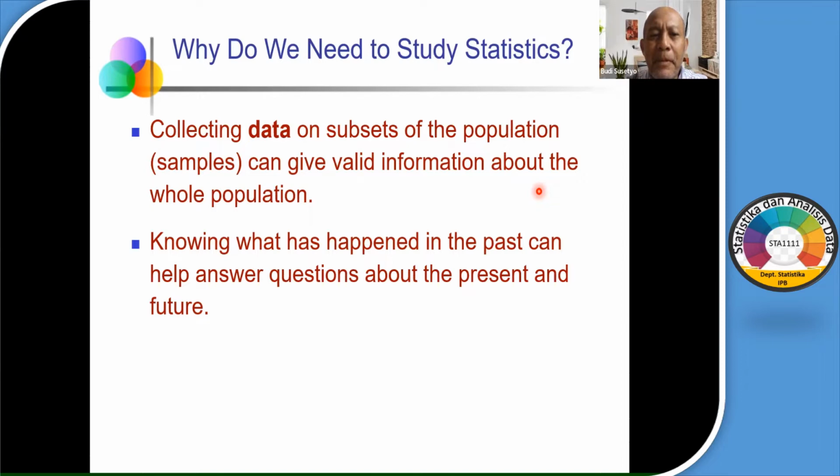Yeah. And then the other, knowing what has happened in the past can help answer questions about the present and the future. That means with the statistic, you can predict, forecast about the next data, yeah, the next situation.